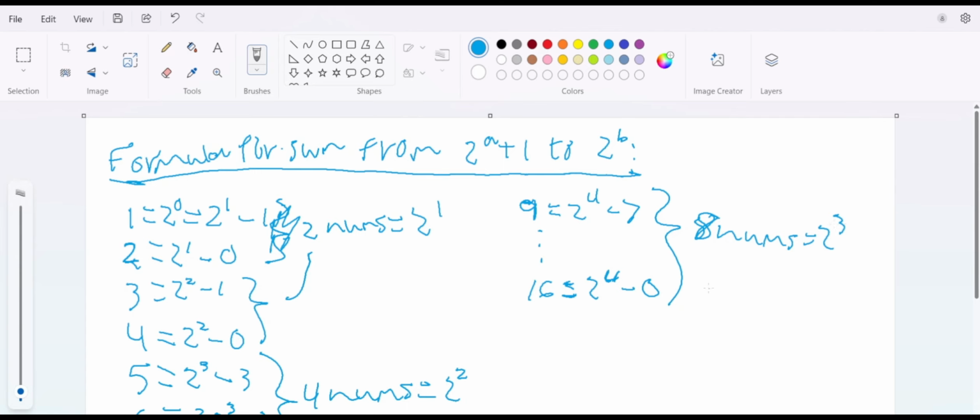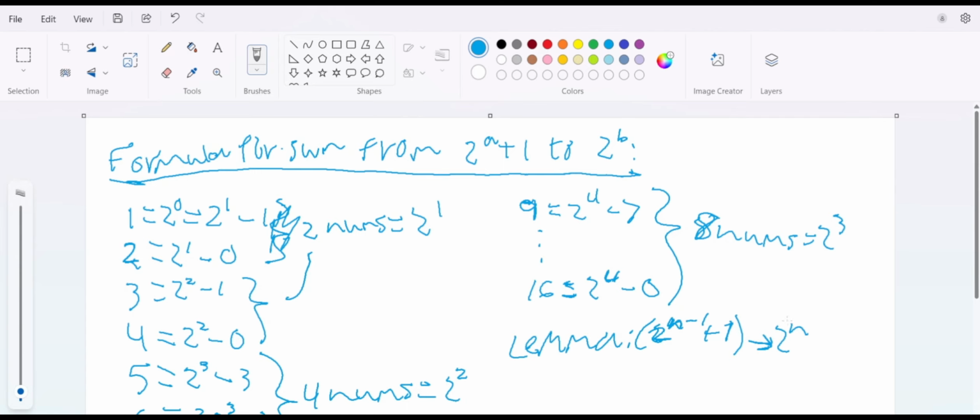So using that, I'm gonna write a little lemma. I hope this is legible. 2 to the n minus 1 plus 1, 2 to the n minus 1 plus 2, and so on until 2 to the n.